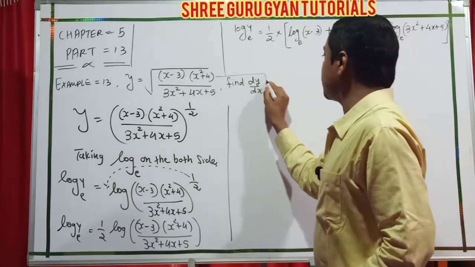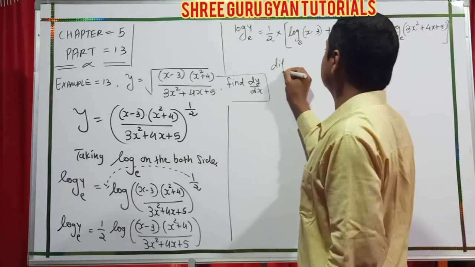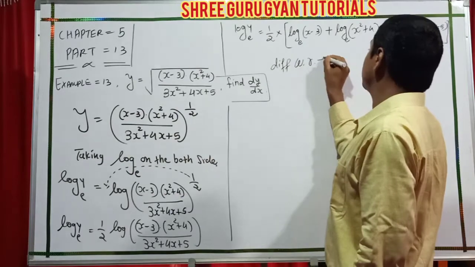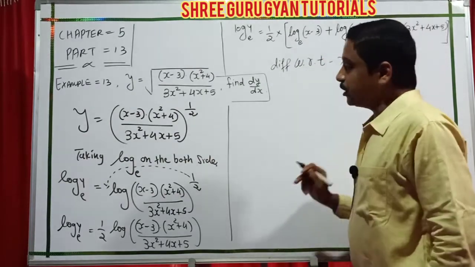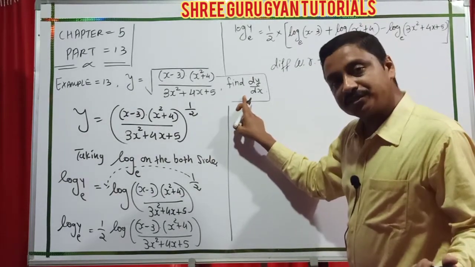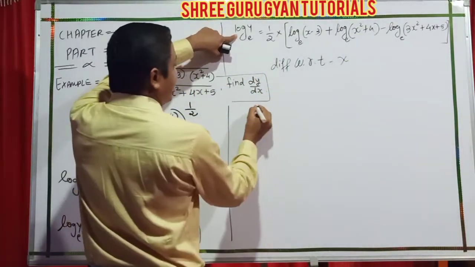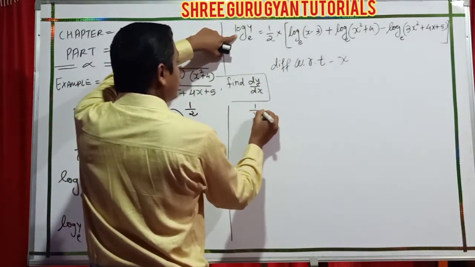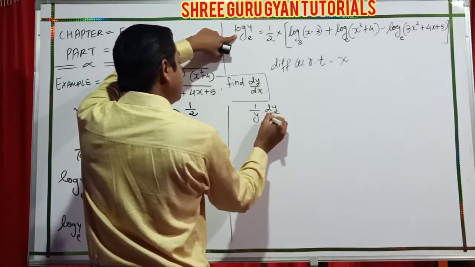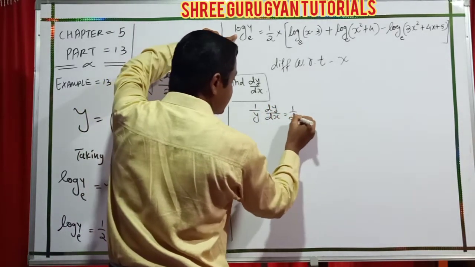Now students, I start the differentiation with respect to x, then I get dy by dx. So here, what is the derivative of log y? Yes, 1 by y, and y's derivative dy by dx, half as it is.